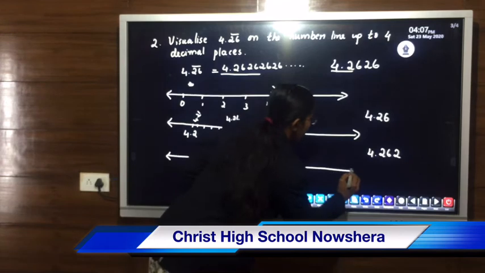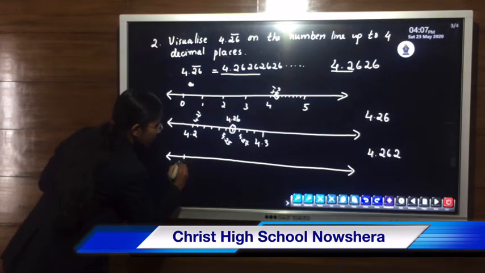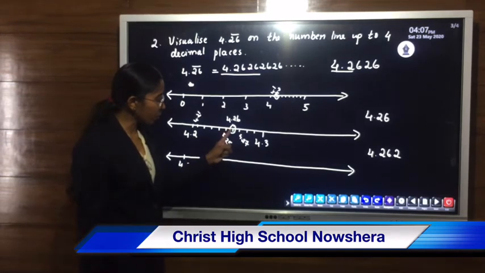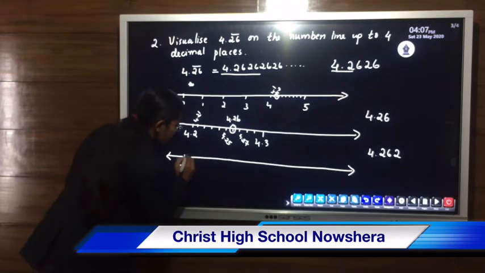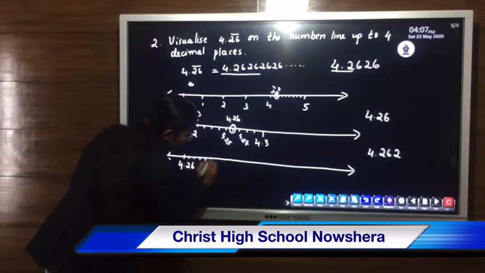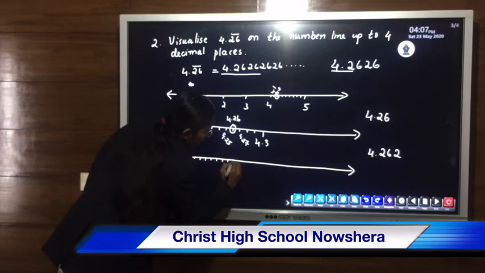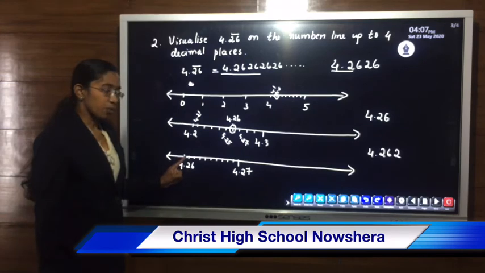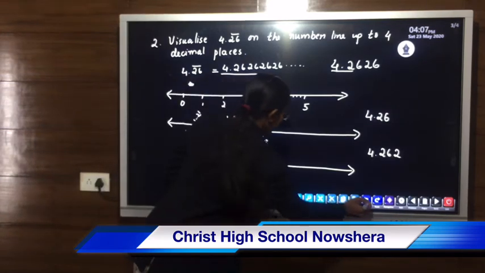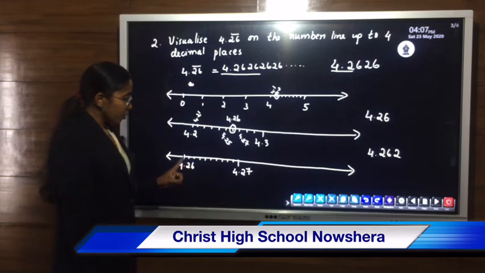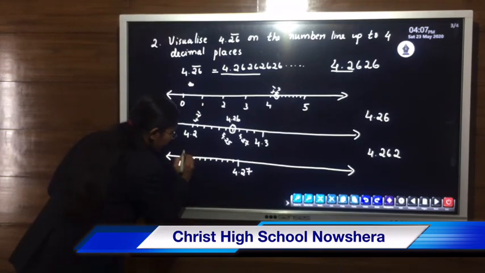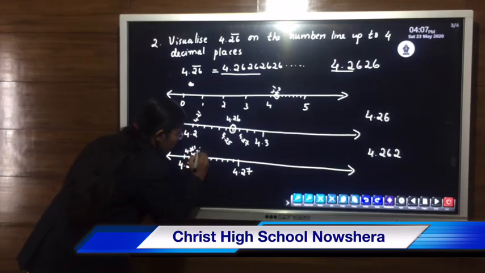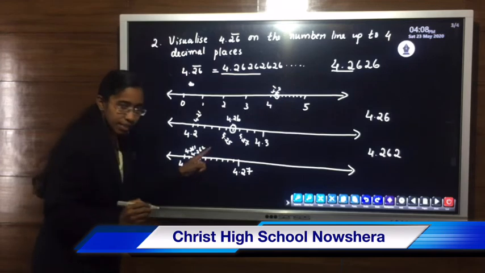So again draw a number line with 4.26 and draw 10 equal parts in between 4.26 and 4.27: 1, 2, 3, 4, 5, 6, 7, 8, 9. This is our 4.27. The right side of the first point is 4.261, the second point is 4.262, 4.263, like that.